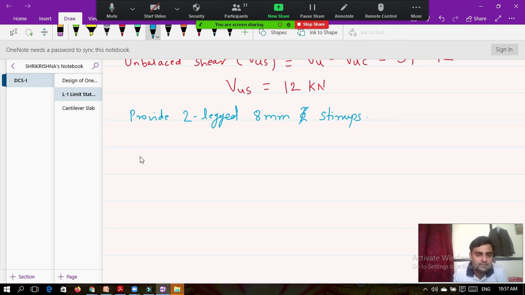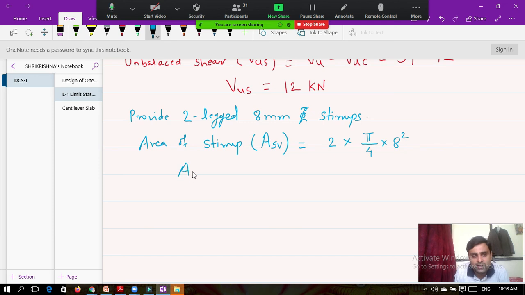So now here we can calculate the spacing. First we will calculate the area of stirrups. The notation for this is ASV, area of stirrup. Two-legged stirrups are there, so it is 2 into the area of the stirrup, which is pi by 4 into 8 square, as 8 mm is the diameter.